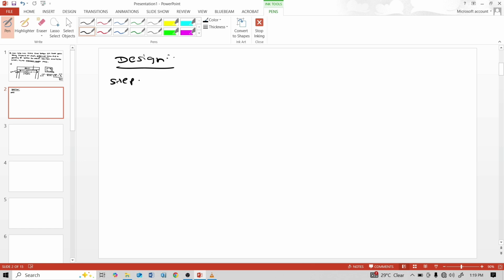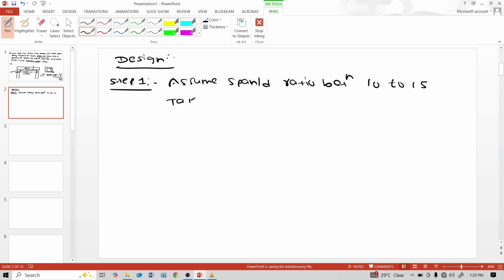Step 1. Assume span by D ratio between 10 to 15. This is thumb rule. Between, sorry for my handwriting, 10 to 15. So take span by D equal to 15. Between 10 to 15, any value you can take.